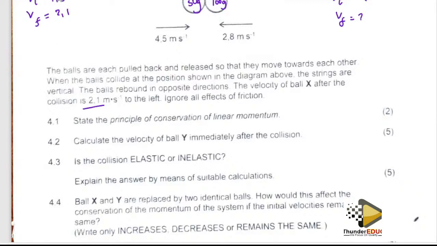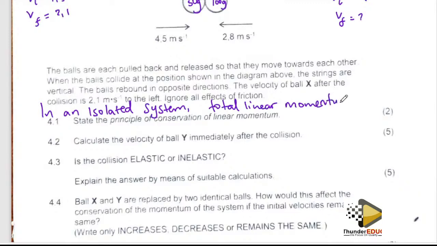So I can say that the total linear momentum in an isolated system remains the same. That means constant, or is conserved, no problem.